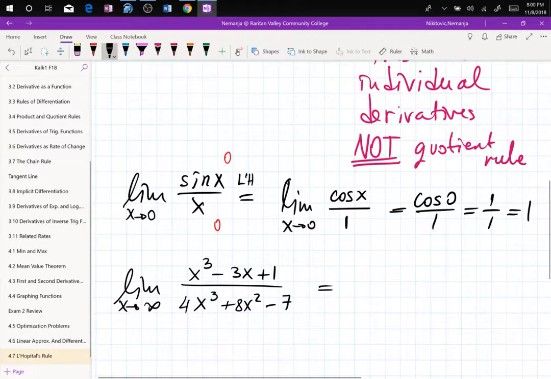So when you plug in your infinities now, you will have infinity over infinity, right? This is infinity over infinity.